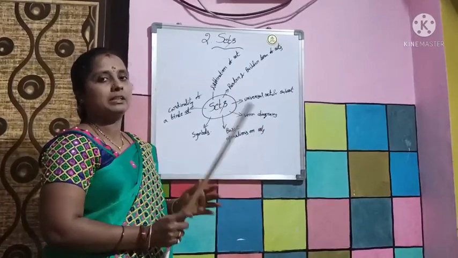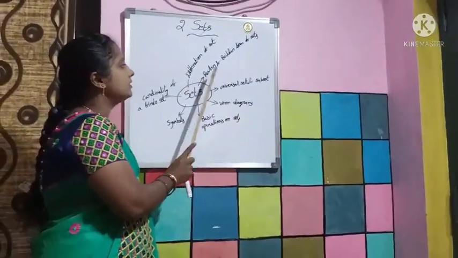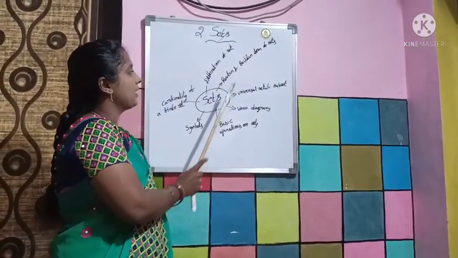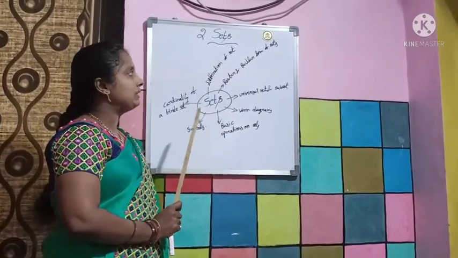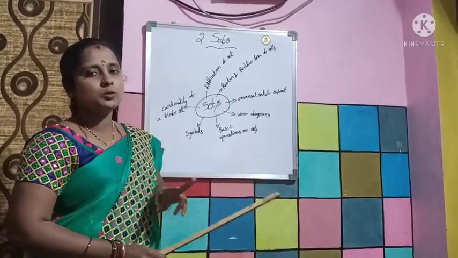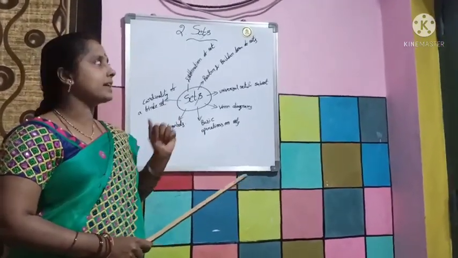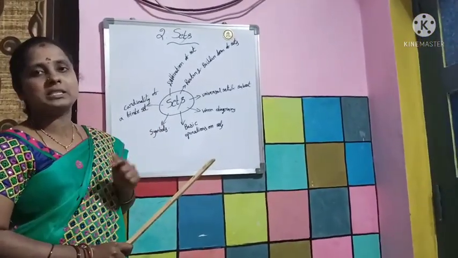What is a set? Next, second topic, roster and builder forms of sets. We represent sets in 2 types of forms. First one is roster form. Second one is builder form of sets.